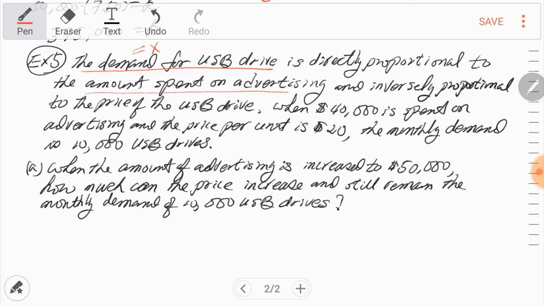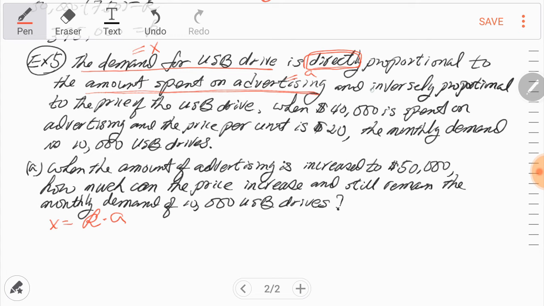So the amount spent on advertising, let's use variable A. So X equals, directly proportional, so we multiply the constant of variation by the amount spent on advertising. So multiply k by A.